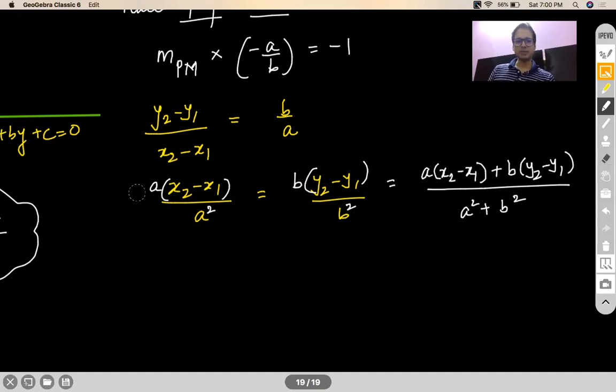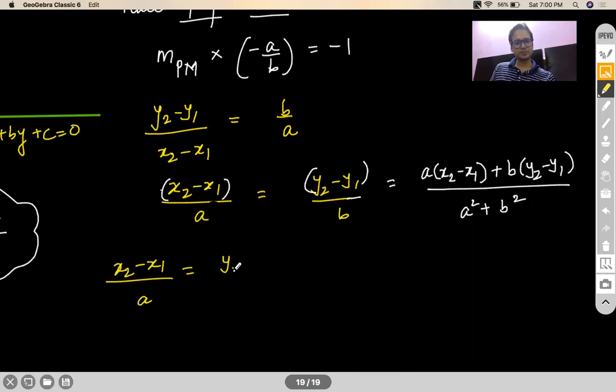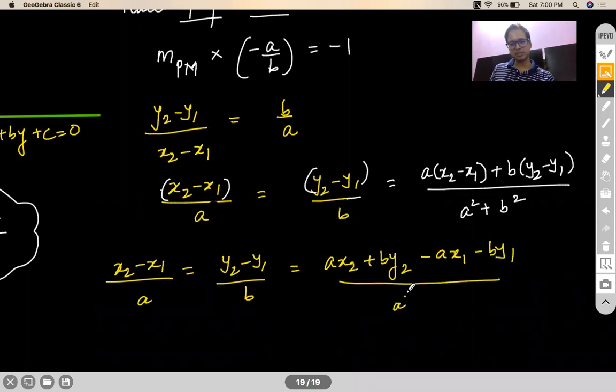Now I'm going to pull back this a again, which I had put over here, and pull back this b again. Basically, I'm cancelling out the obvious terms. Now, all of you please pay attention. I'm going to write this term as ax2 plus by2 minus ax1 minus by1 by a square plus b square. So I just opened the brackets on the numerator. I did nothing out of the box over here.